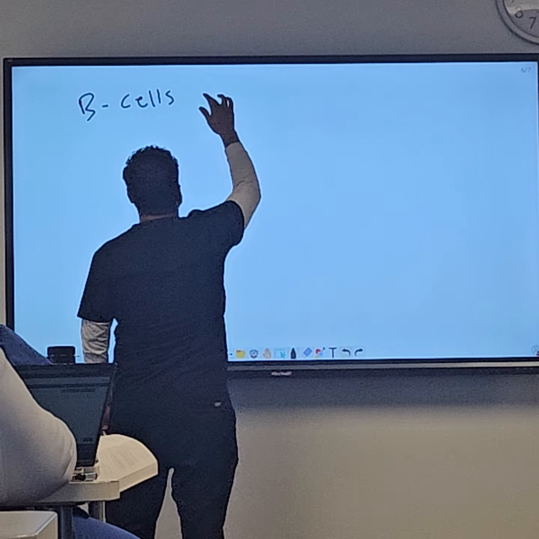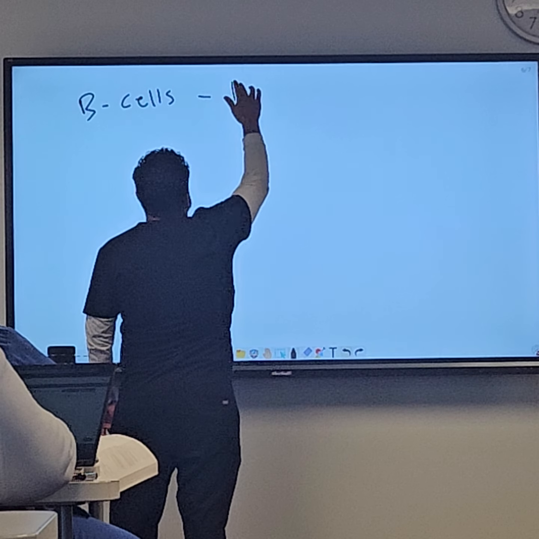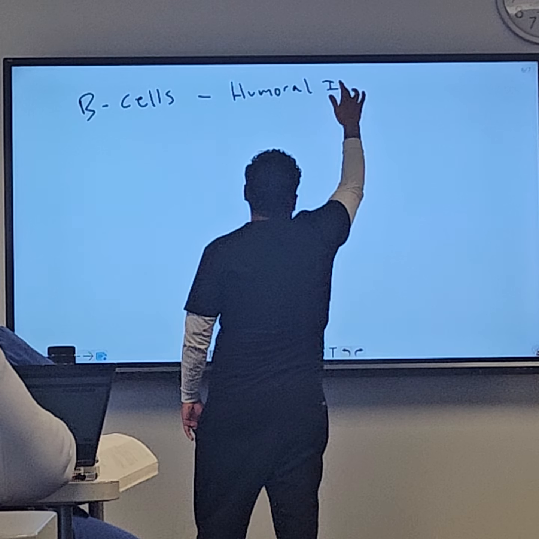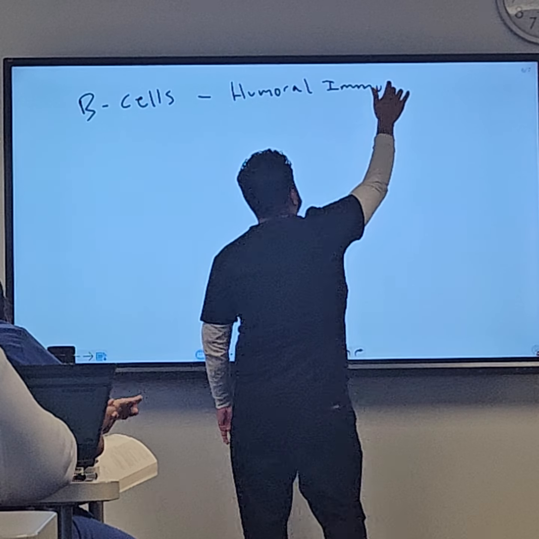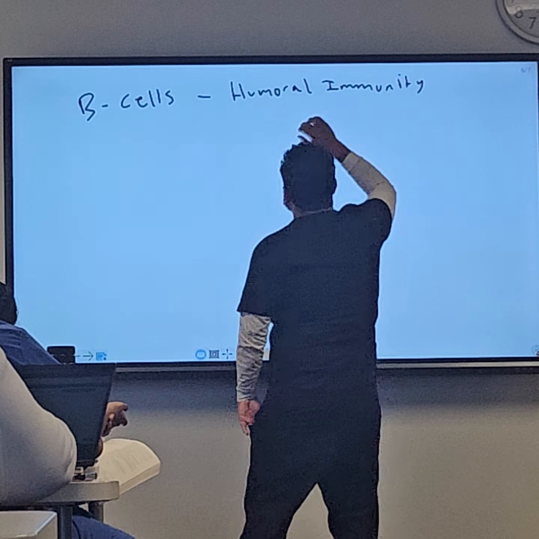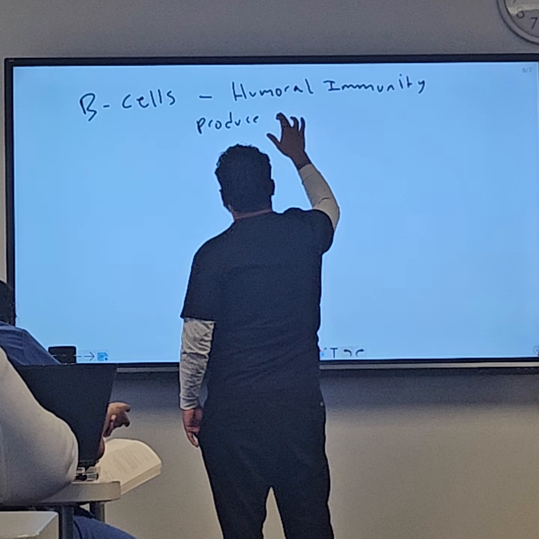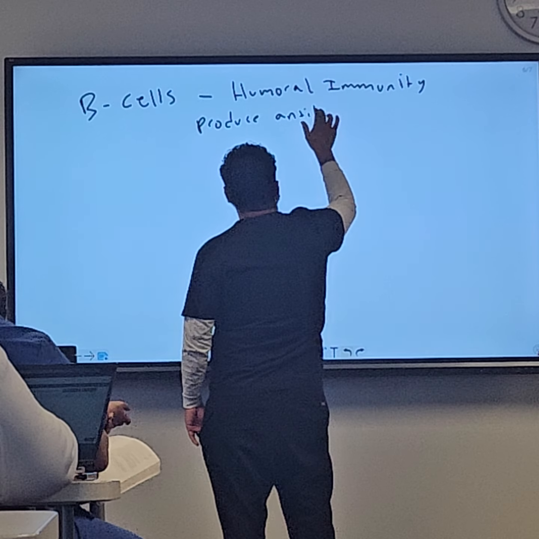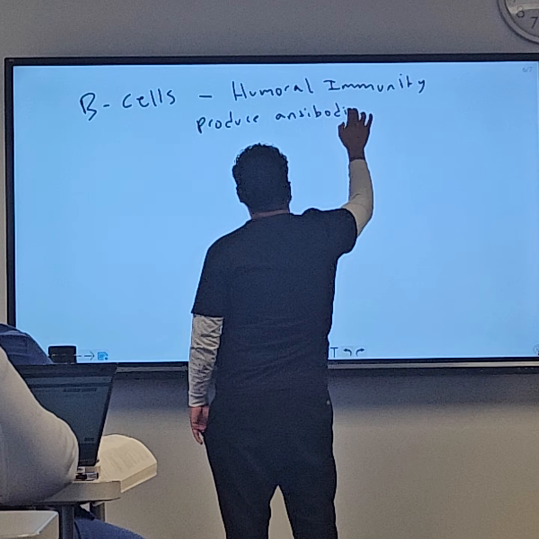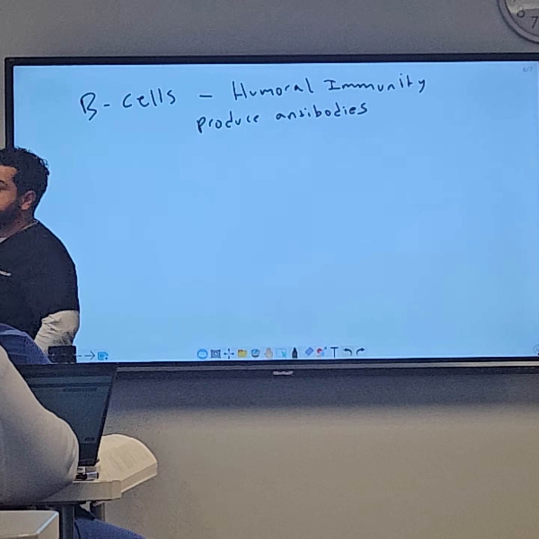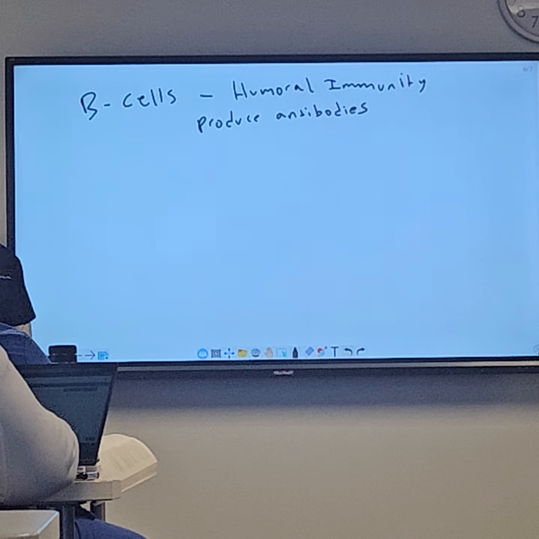So the B cells provide humoral immunity, and what this means essentially is they produce antibodies. Now, antibodies, you can think of like antibiotics.